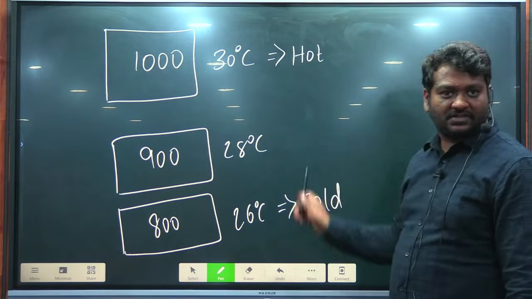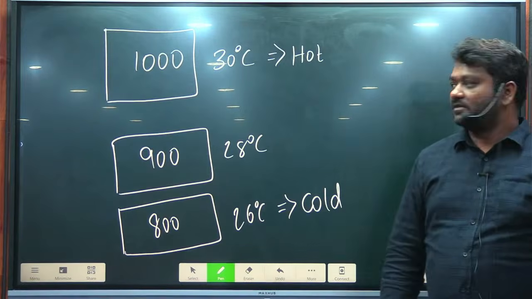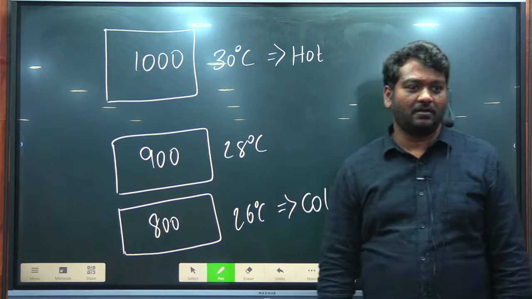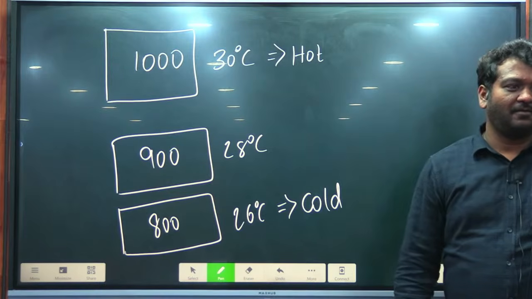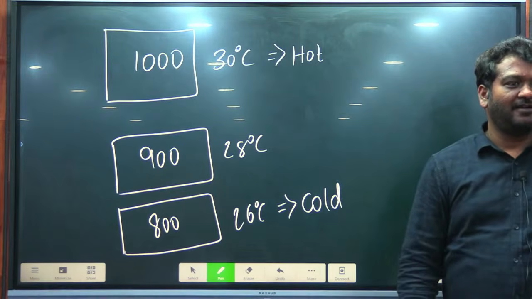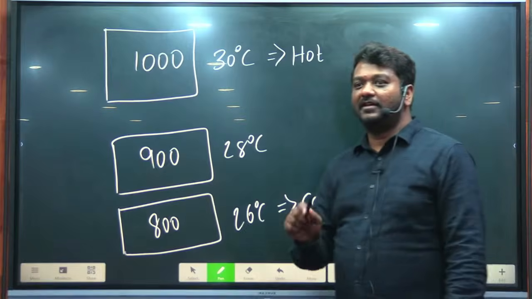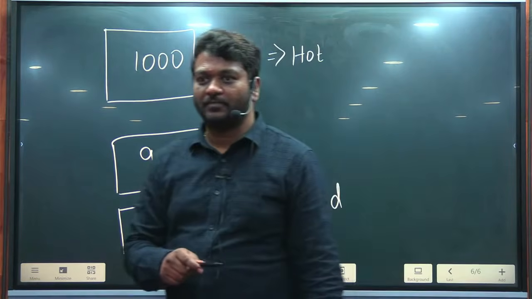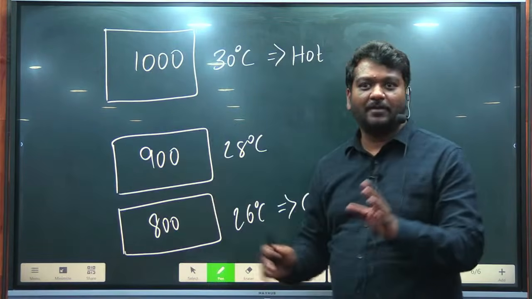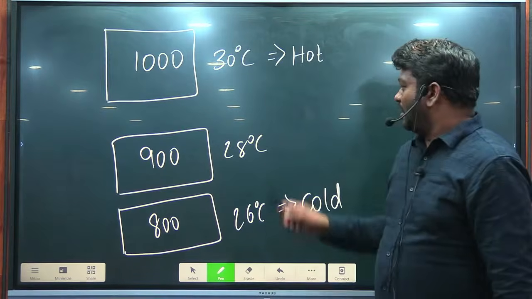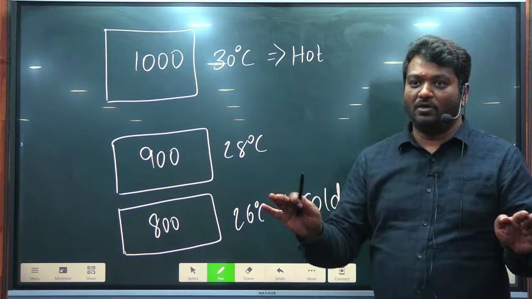Can I say coldest? Now my point is, what is 28 degree? What do you say? What do you call it? What is 28 degree? Is it hot or cold? Average of these.